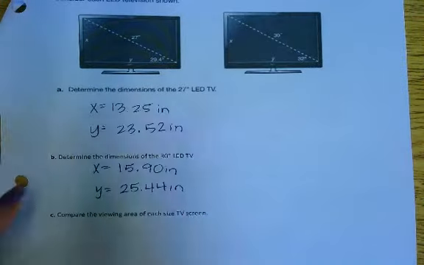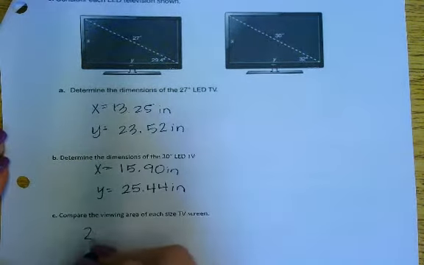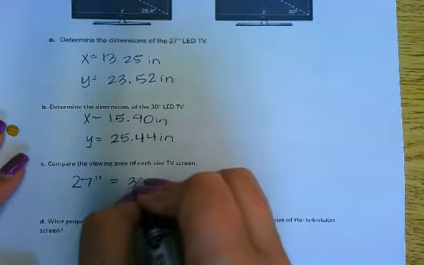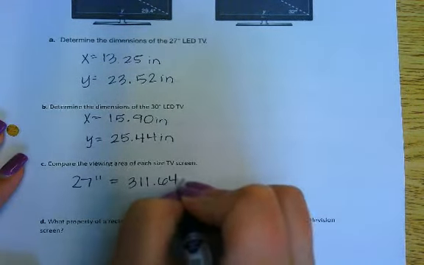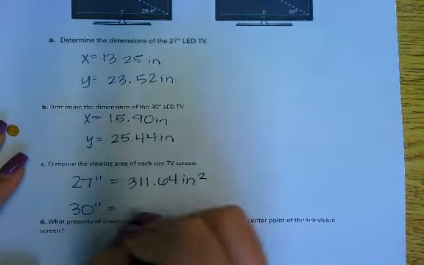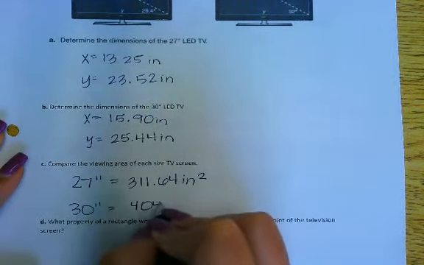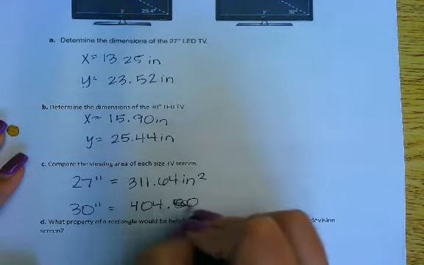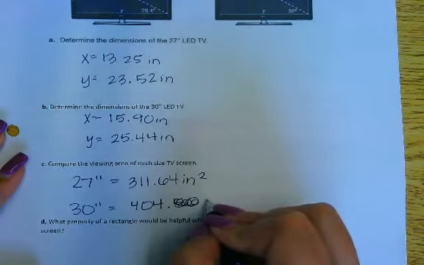So the 27-inch TV screen has an area of what? 311.64 inches squared. And the 30-inch? 496.50. Okay, so 50. Okay, good.